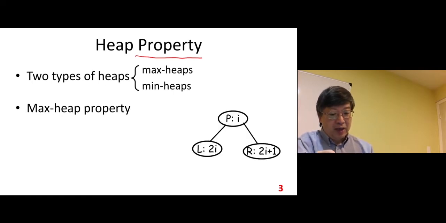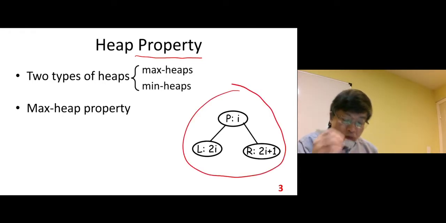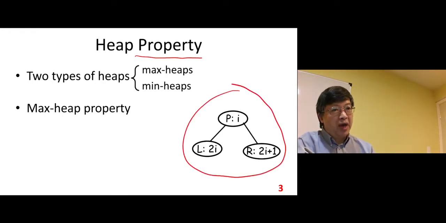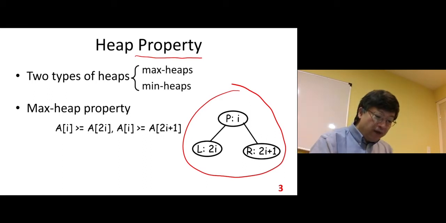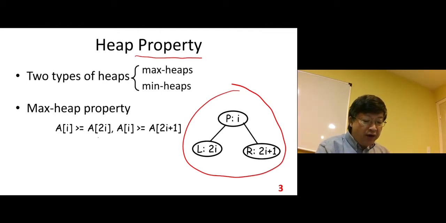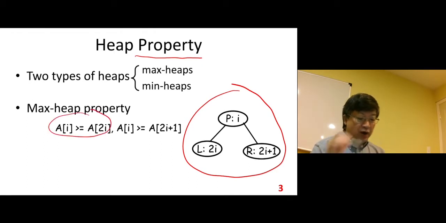Suppose we have one location with a relationship like this. Then we consider the values stored in these three nodes satisfying a certain condition. So here we specify the first one: the value at the root should be greater than or equal to the value of its left child. That's the first inequality.